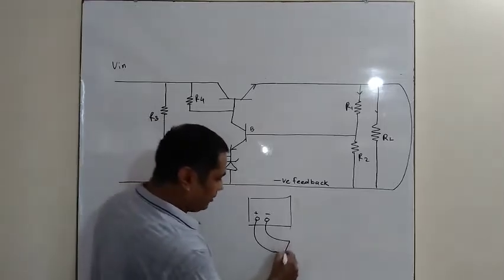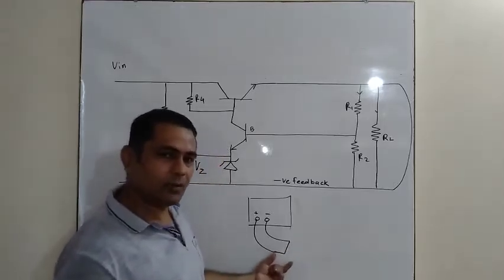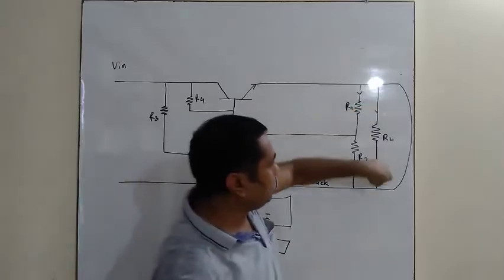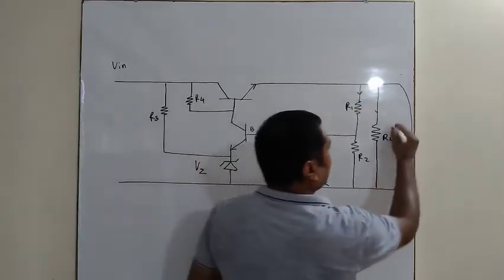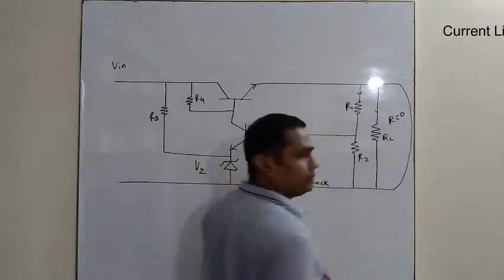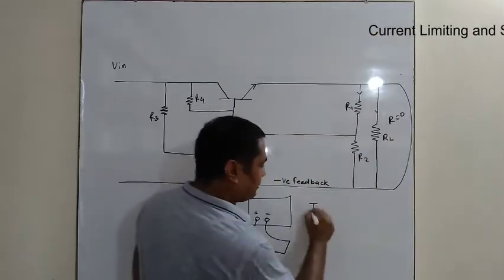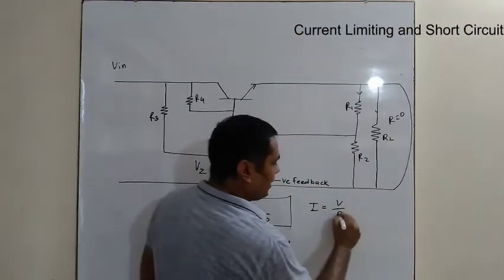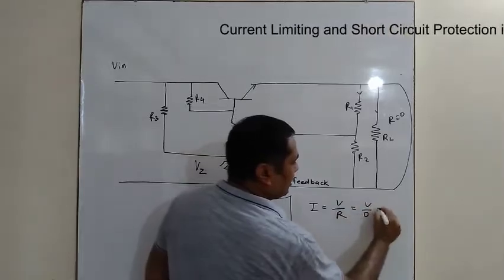Accidentally, if these two terminals get shorted, then what happens here? If these two terminals are shorted, the resistance here becomes 0. If you calculate the current by Ohm's law, we get V by 0, and that will be infinity.